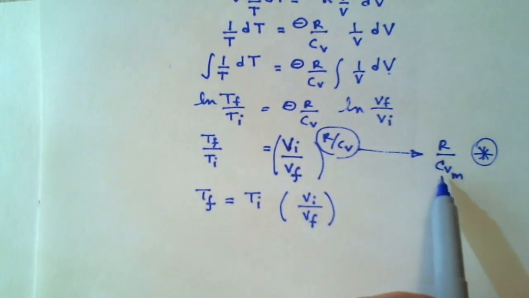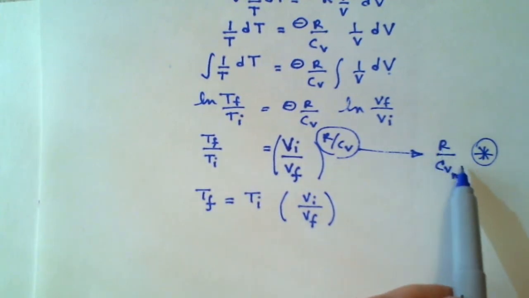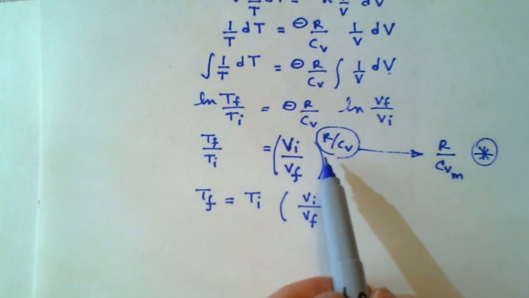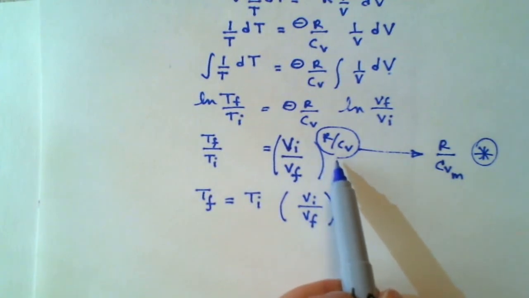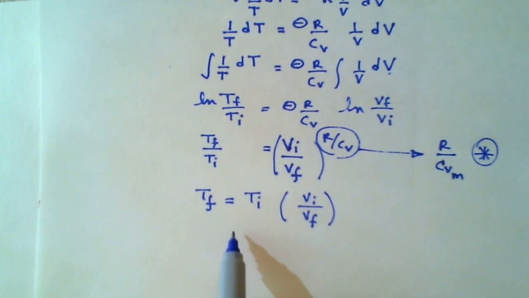Of course, if we were using 3/2 R, the R's would cancel and I would be left with an exponent of 2/3. So that's really easy.